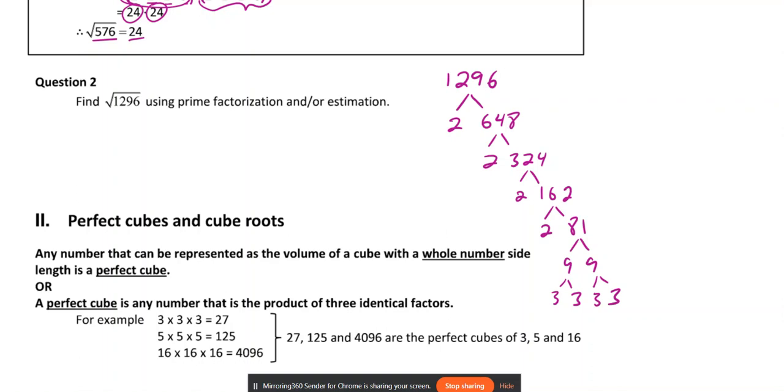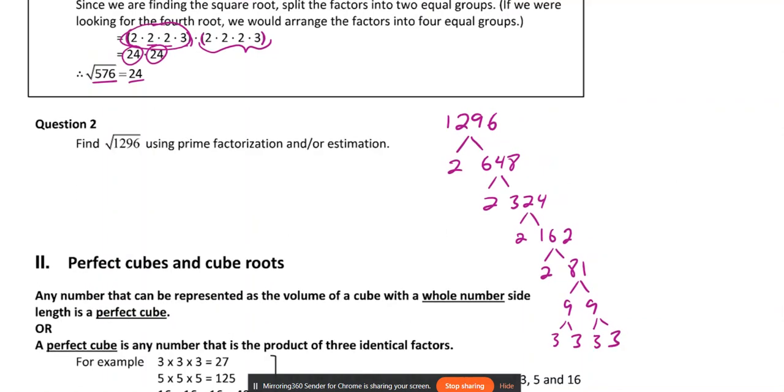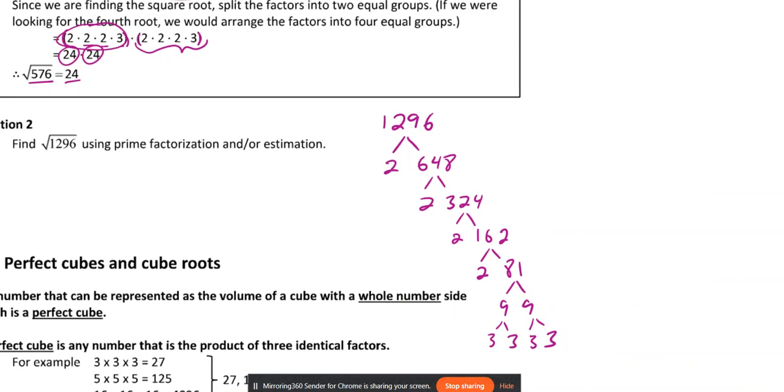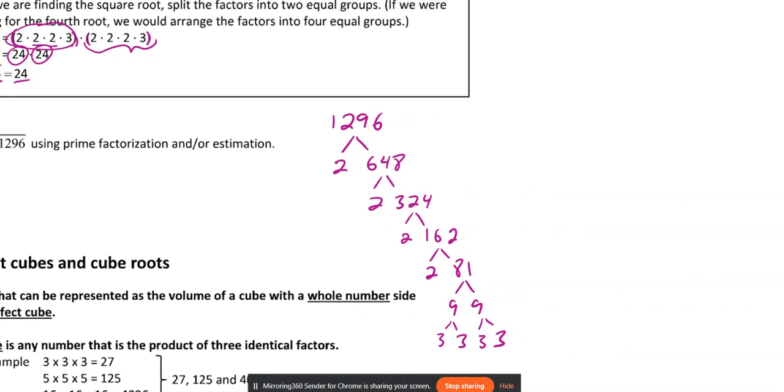Did you guys get something like that? Yes. I went from 81 to 27. Okay, it worked out the same probably though, right? Where you got all threes in the bottom? Yep. Perfect.